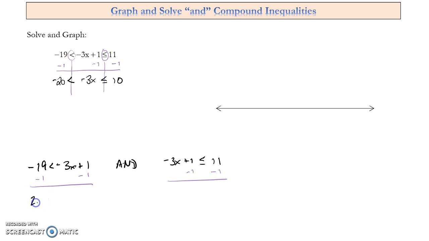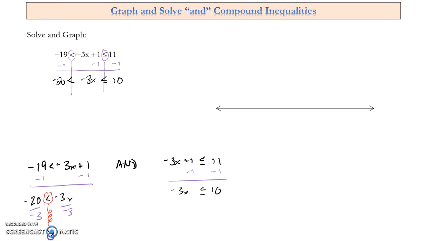And I would have got the same idea here. Negative 20 is less than negative 3x, and negative 3x is less than or equal to 10. So back down to the bottom ones, if I were solving now, I would divide by negative 3 on both sides. But remember, divide by a negative, I take my sign and I switch it.